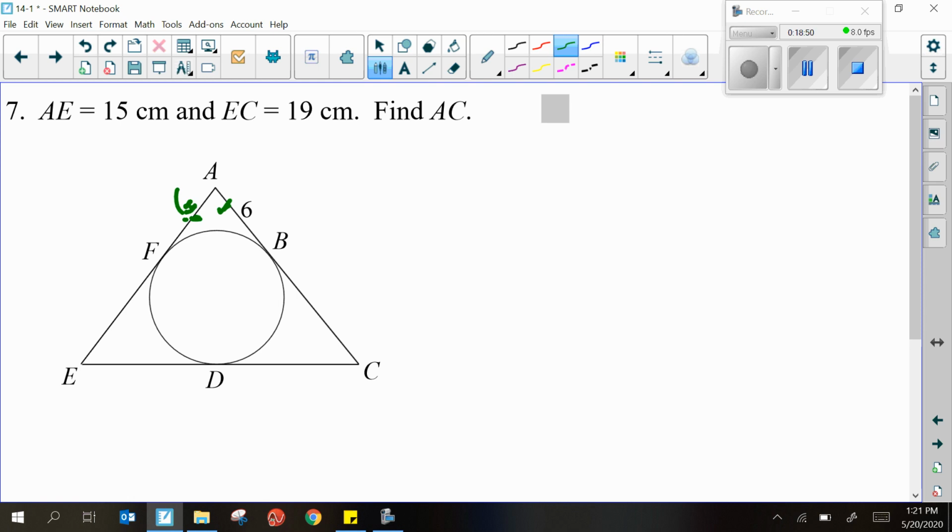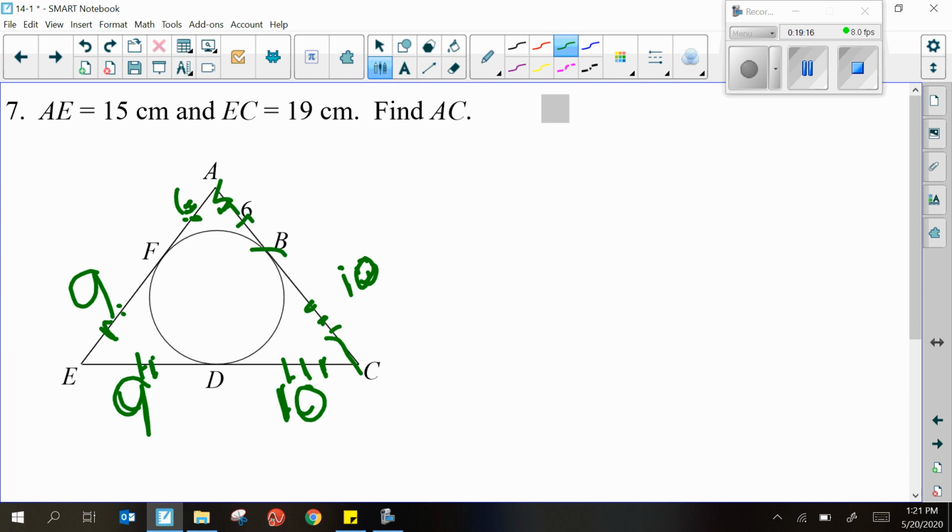Well, if AE is 15, then this must be 9. These are tangents. So EF is congruent to ED. Since EC is 19, this must be 10, which makes BC also 10, since C is a common point of these 2 tangents. So these are congruent as well. So the question was, what's AC? AC goes from the 6 and the 10, so it's 16.